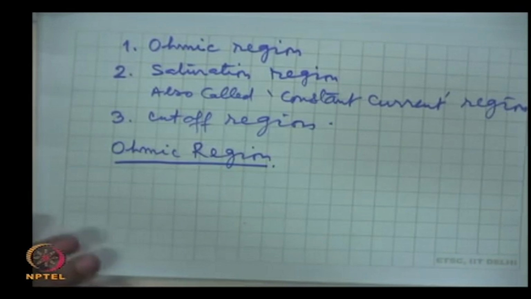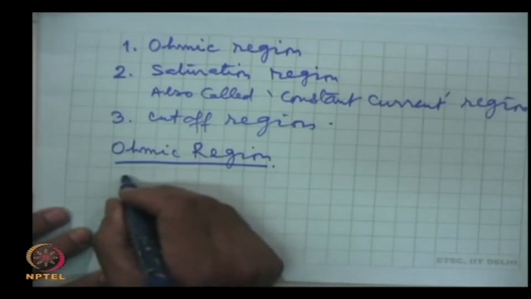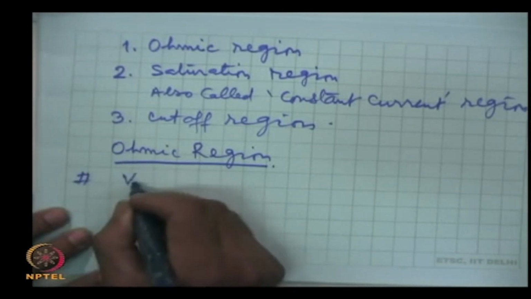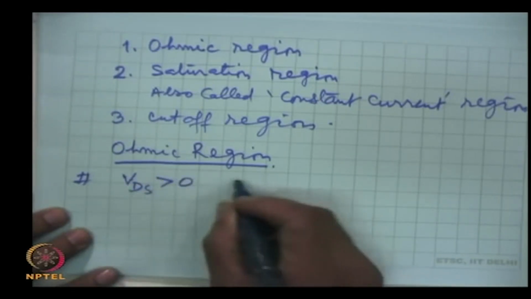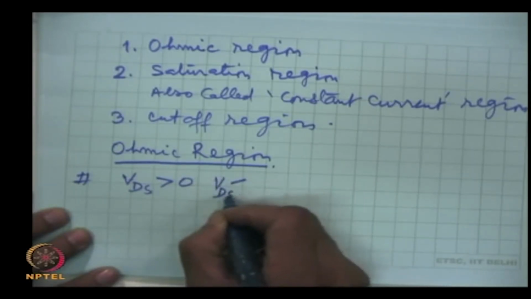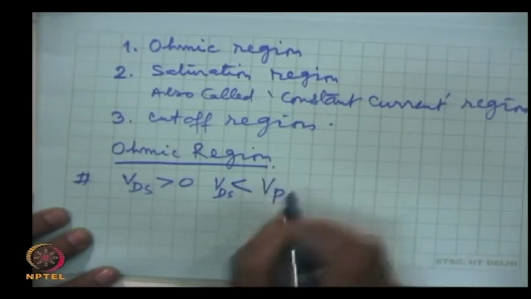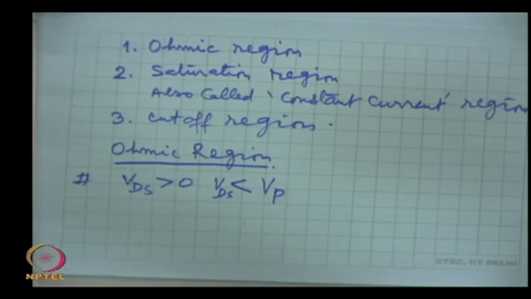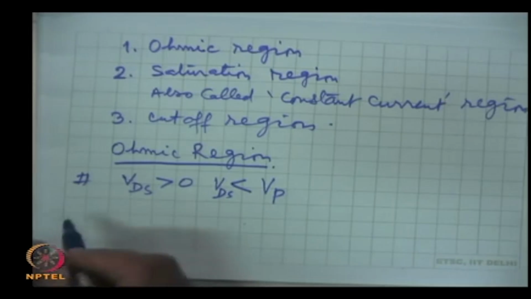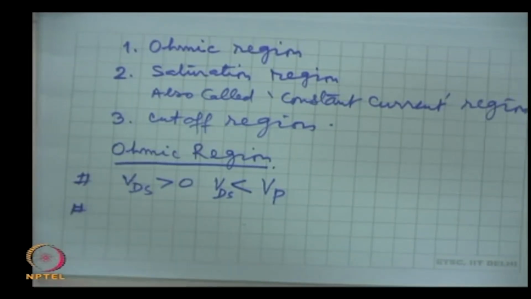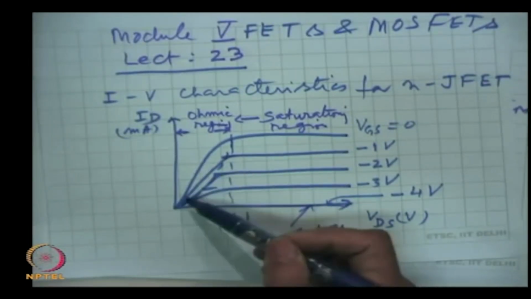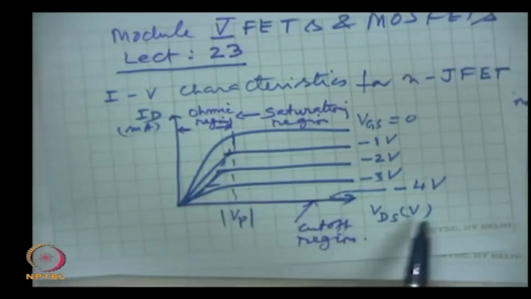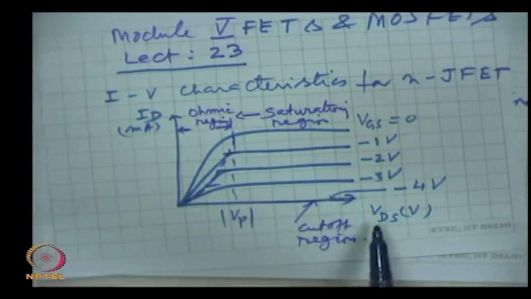The ohmic region obviously has VDS values greater than 0 and less than Vp, the pinch off voltage. And here we see from the plot that current varies linearly with the change of VDS voltage.